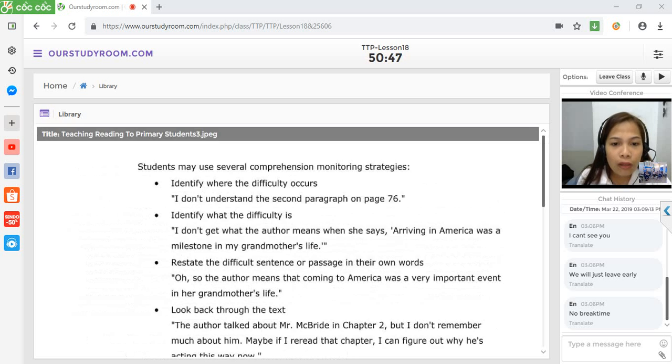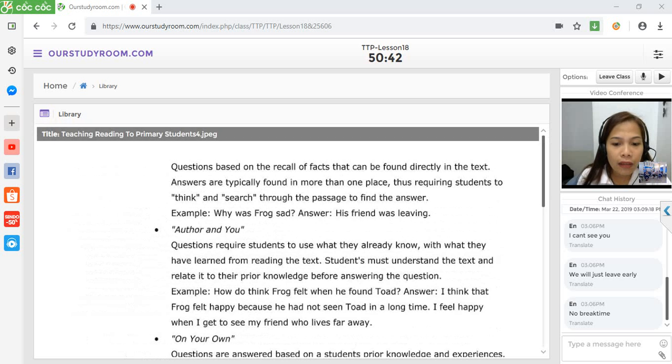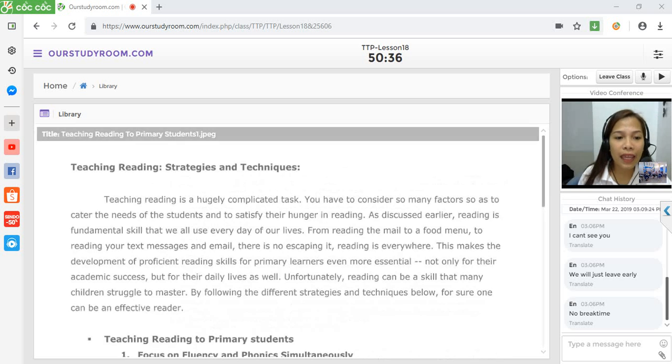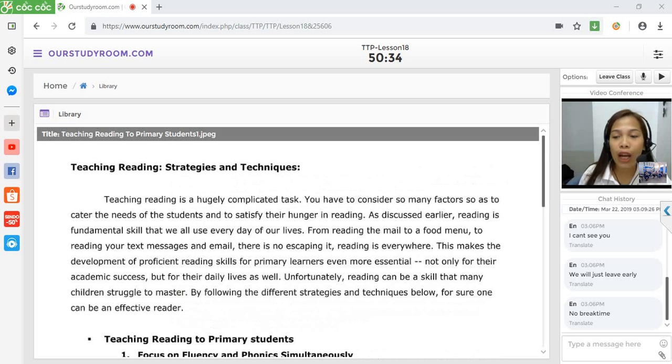There are seven things that we need to do, or how to teach reading to primary students.